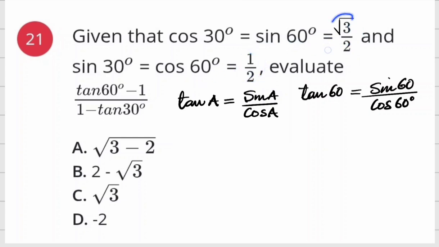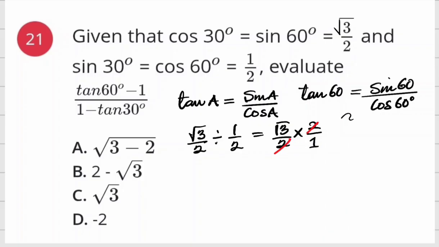So this will be divided by 1 over 2. That is root 3 over 2 divided by 1 over 2, so we have root 3 over 2 multiplied by 2 over 1. By this, you see that this is just ordinary root 3. So tan 60 is root 3, then that will be minus 1 here.